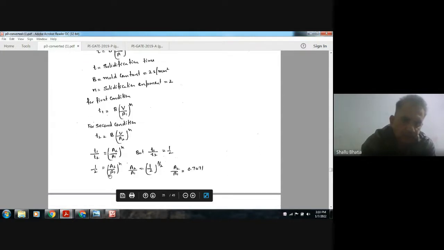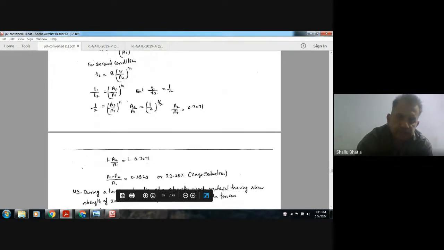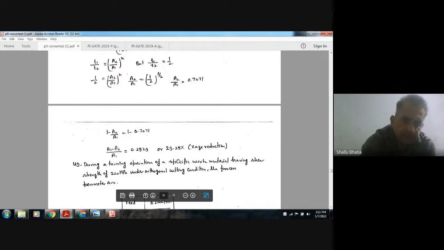Putting the value of n as 2, and putting the value of T1 by T2 as 1 by 2, we get A2 by A1 is 0.7071. And the change in area is A1 minus A2 by A1, so that can be obtained by subtracting 1 from here.